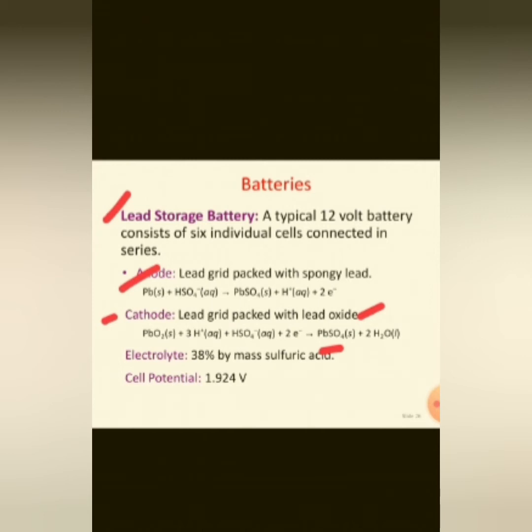So at the anode, oxidation will take place, and at the cathode, reduction will take place. Here the electrolyte is 38% sulfuric acid, and the cell potential desired from a lead storage battery is 1.924 volts.